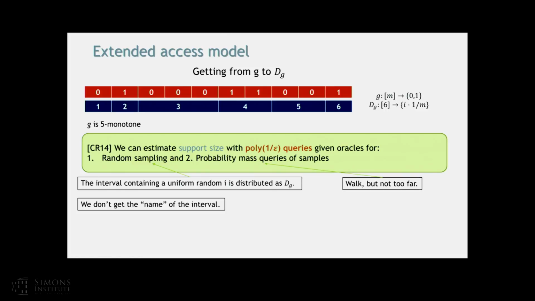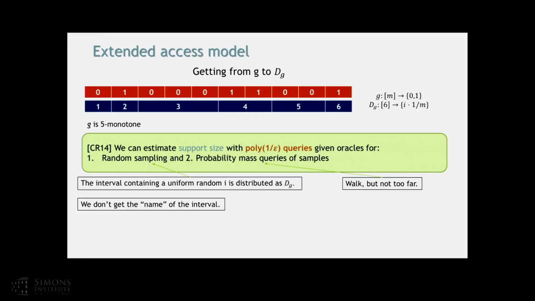How do we get the probability mass? Well, all we can do is just walk in the left and right directions and see how long the interval is. If we query, say, this guy here, there's nothing to the right, there's one extra thing to the left, so this probability mass is 2 out of 10. We have to be careful again that we don't walk too far, because if we were working with a constant function, then we would be walking across the entire line, which would again be way too expensive.